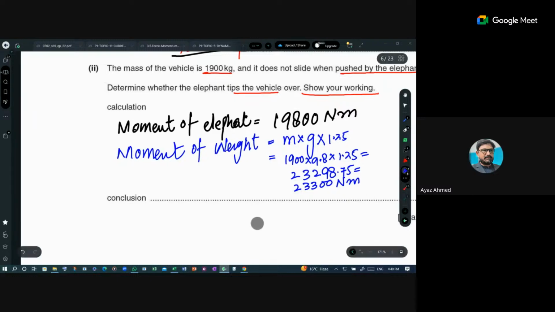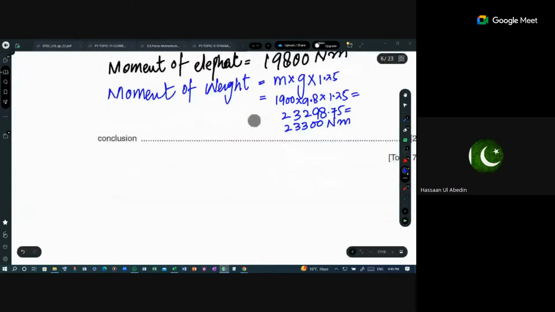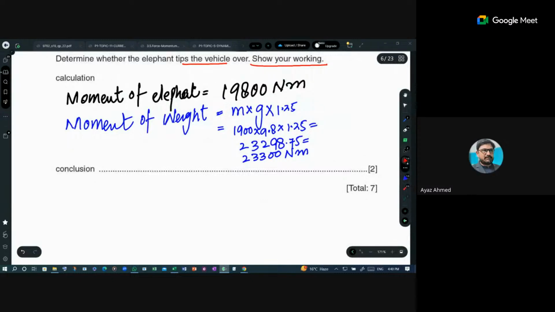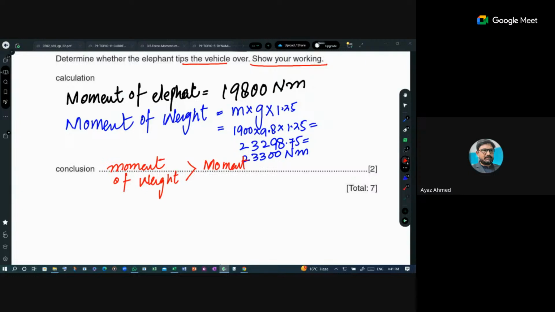Isn't it greater than the moment of the elephant? Yes. So it would not tip over, as the moment of weight is greater than the moment of the elephant. So it will not tip over.